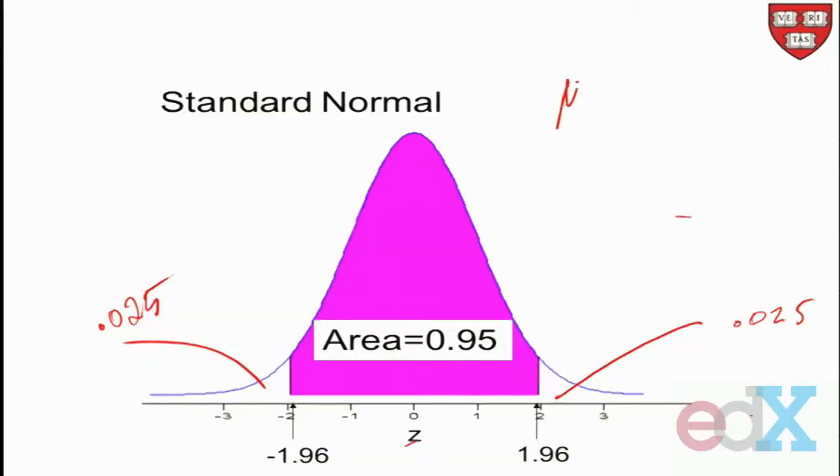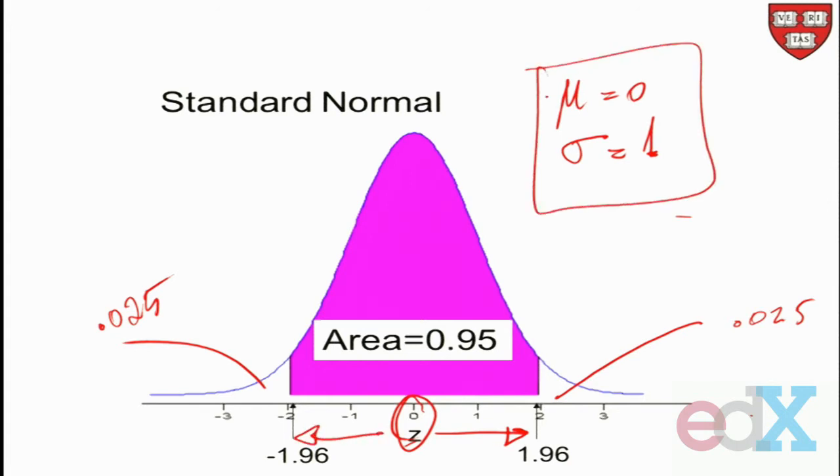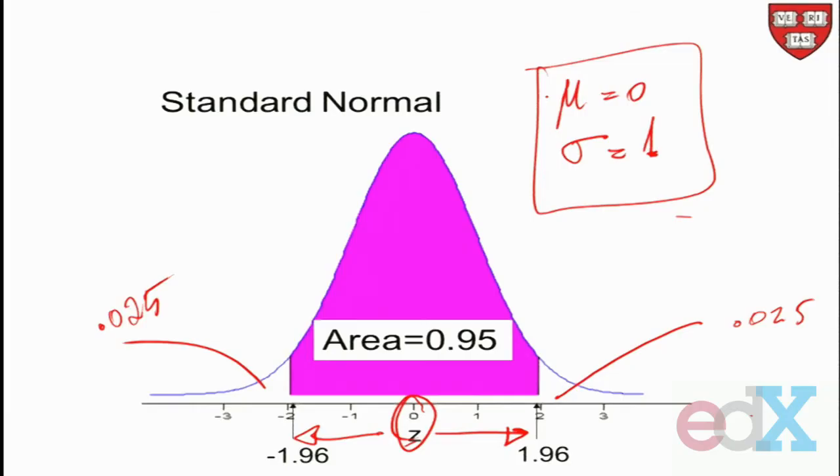Now this is the standard normal. Remember with the standard normal we said it has a mean equal to 0 and a standard deviation equal to 1. So here we are at 0, and we go up to 1.96 and down to minus 1.96. In terms of this, what does that translate to? It translates to the mean plus or minus 2 standard deviations. The mean plus 2 standard deviations is 1.96, approximately. The mean minus 2 standard deviations is minus 1.96, approximately.